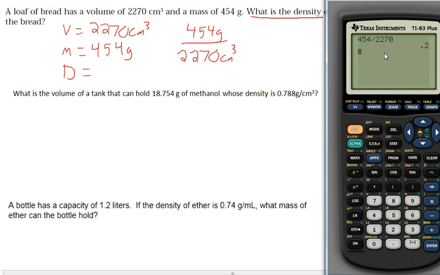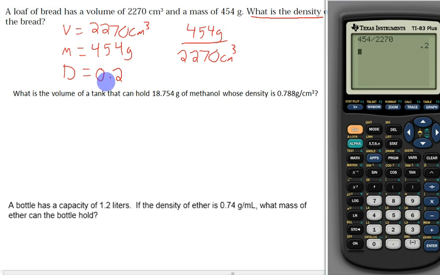Calculator tells us the answer is 0.2, but as we are aware, we need to pay attention to the significant figures that were used in the calculation. We had 3 significant figures in the top number and 3 significant figures in the bottom. 3 being the least amount of significant figures, we need to have 3.